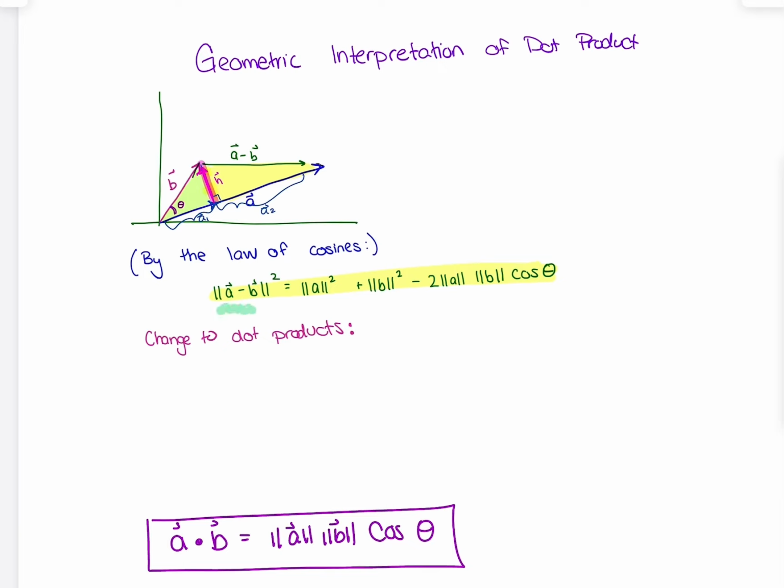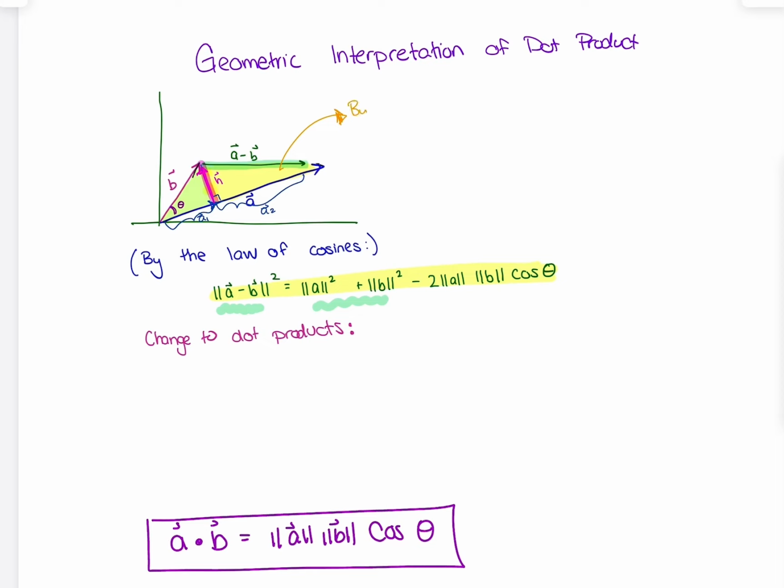And I notice I have a magnitude of A minus B squared equaling some squares on the other side. So that's kind of like doing a Pythagorean theorem on something that has a hypotenuse of the magnitude of A minus B squared. So let's go ahead and do the Pythagorean theorem on that nice yellow triangle on that right-hand side.